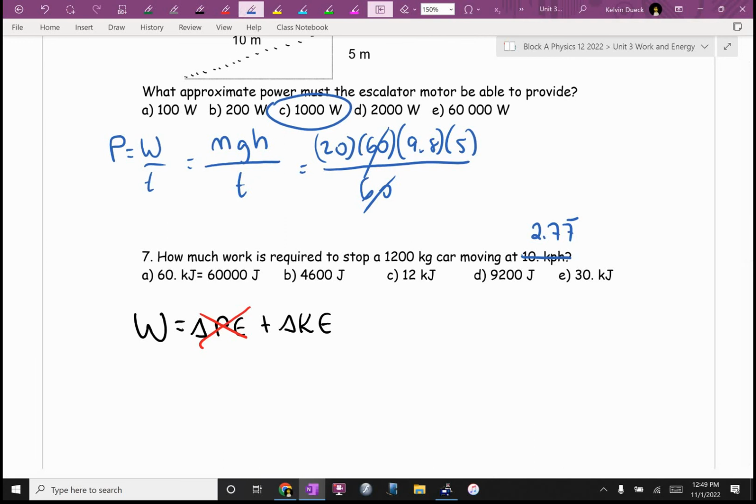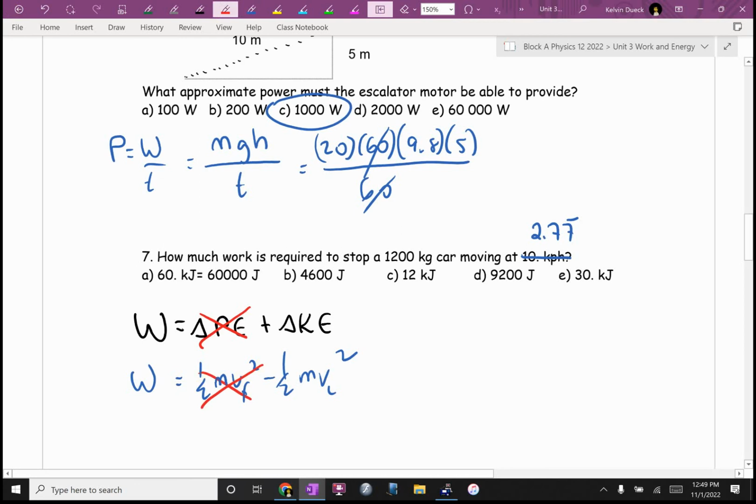Madison, what's change in anything? Final minus initial. So this is going to be a half mv final squared minus a half mv initial squared. Oh, it's coming to a stop, so v final is 0. Claudia, you can see this one here is negative.